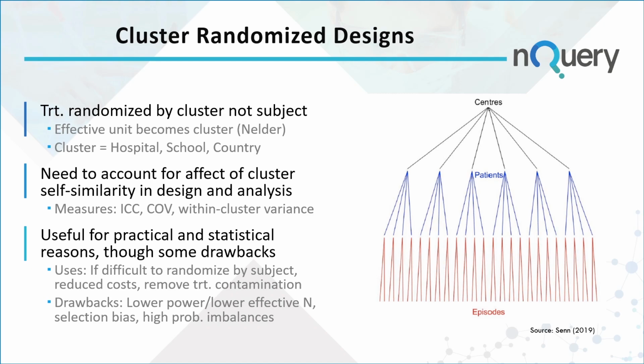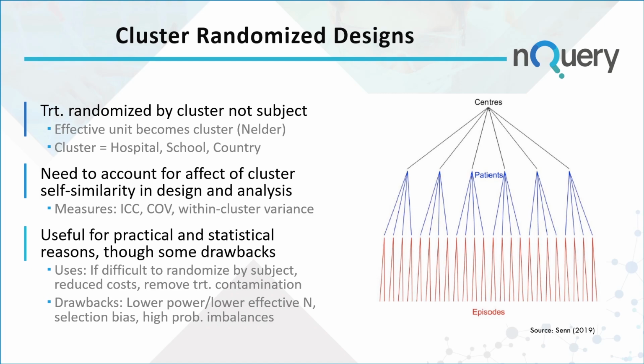So what you need to do is adjust for the fact that within clusters, you're going to see more self-similarity than between clusters. A boys' school in a poor neighborhood, the students are probably going to do more similarly than a girls' school in a more socioeconomically privileged group. Therefore, you need to adjust for how self-similar those centers are.